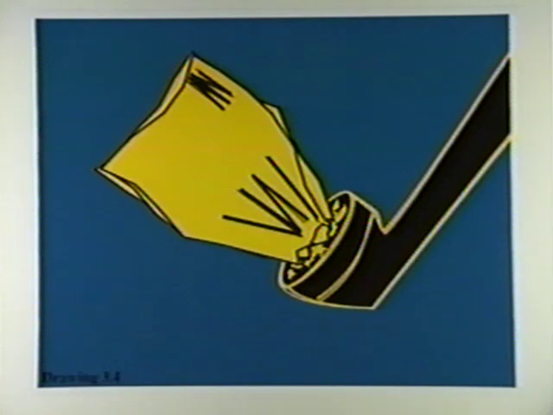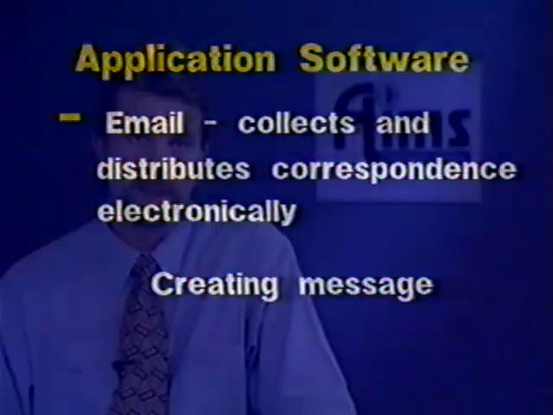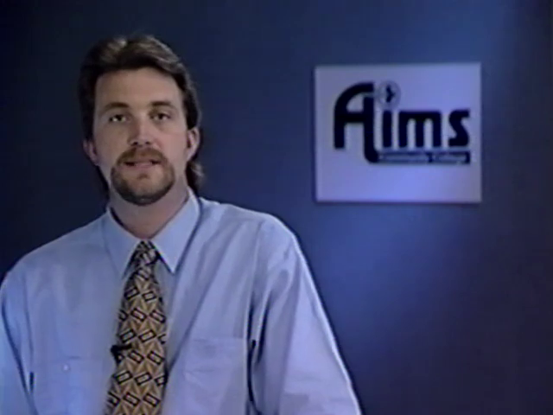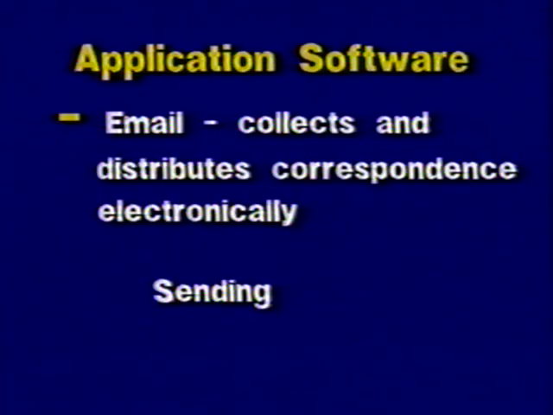The first one is creating the message. To create the message, you can use almost any word processing software. Essentially, what you're trying to do is obtain a method for entering the characters into the letter, whatever letter you plan on sending over email. The next step for email is actually sending the message. It's really a letter, but an electronic letter.